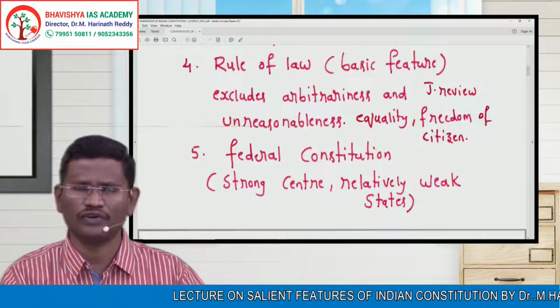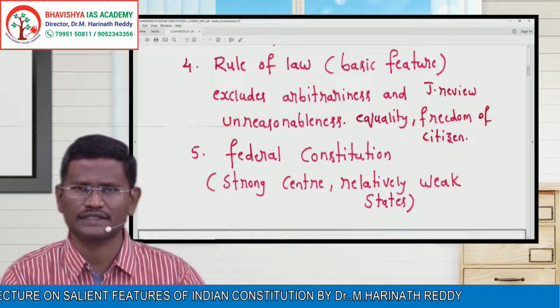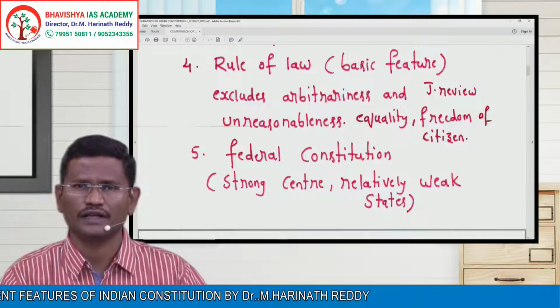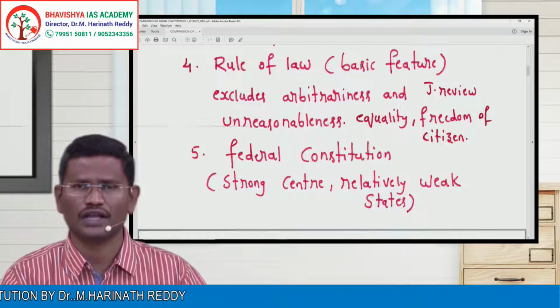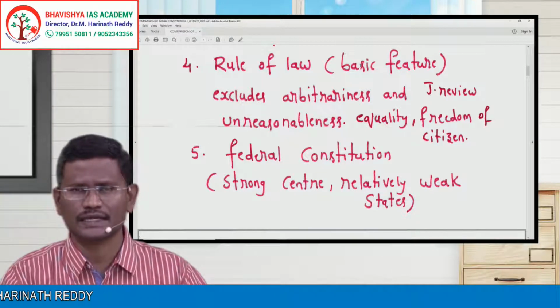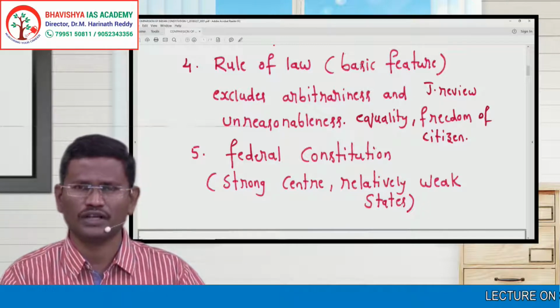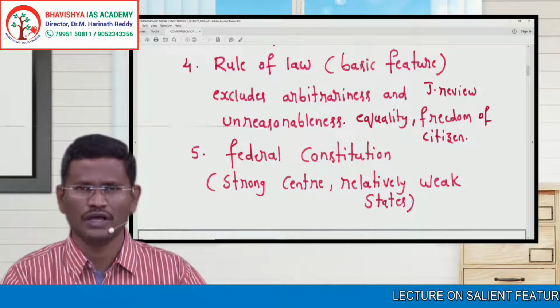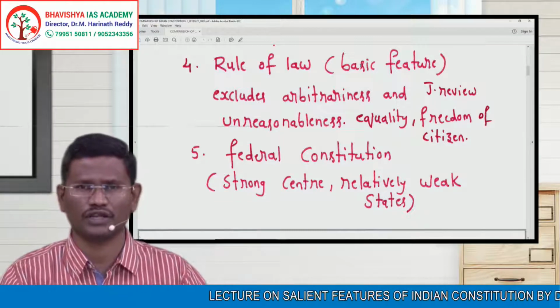But it was clarified by the American Supreme Court after the American Civil War in 1861 to 65 that the states in America do not have the right to break away from the federation. So, indestructible union means the American Federation is indestructible. The states in America do not have the right to break away from American Federation.